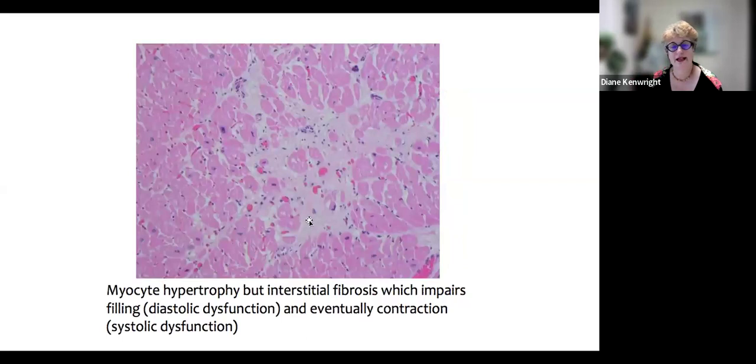This is what it looks like down the microscope. All this fibrosis that happens from viruses and toxins all looks the same. What happens is we get dead myocytes that are just replaced by fibrosis and poor contractility, poor systolic function.